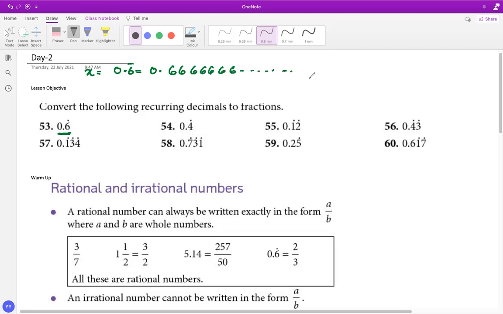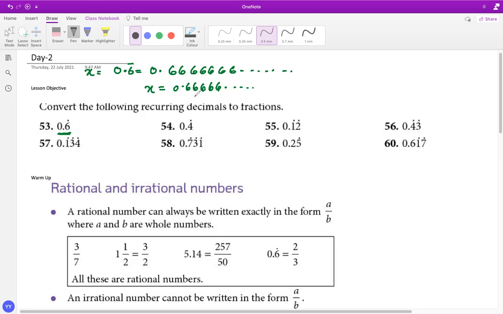Now, if I want to make use of the algebraic approach, we have to multiply by 10, 100, or 1,000, such that my decimal shifts by 1 unit or 2 units to the right, and still I get that recurring number.